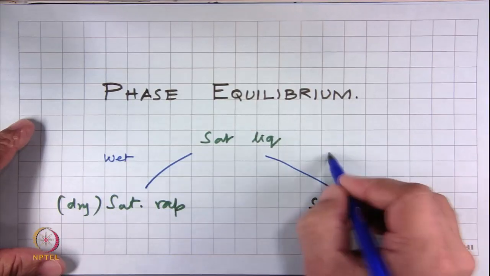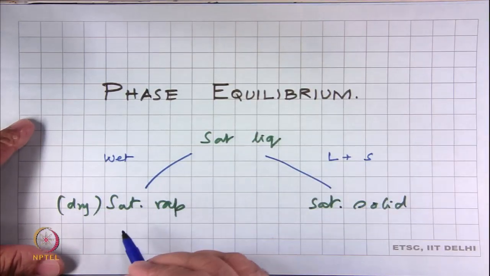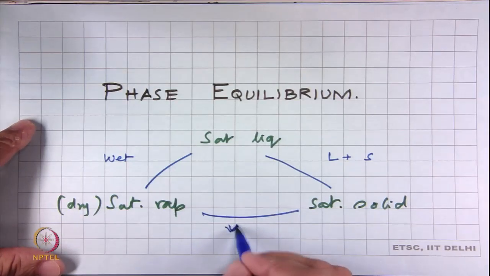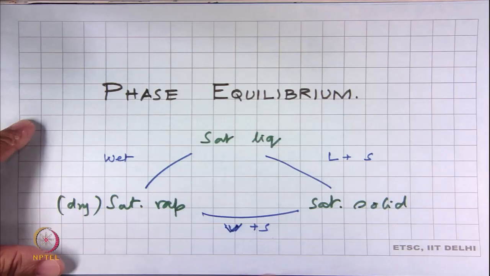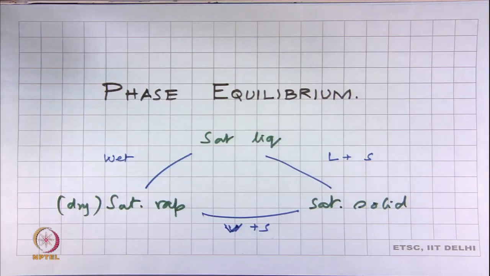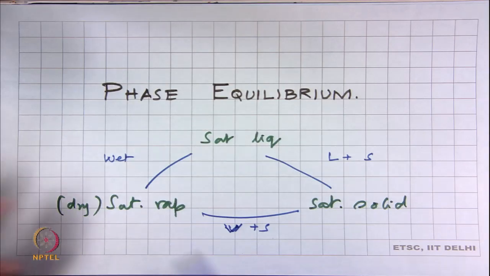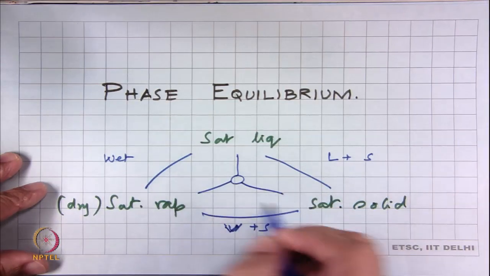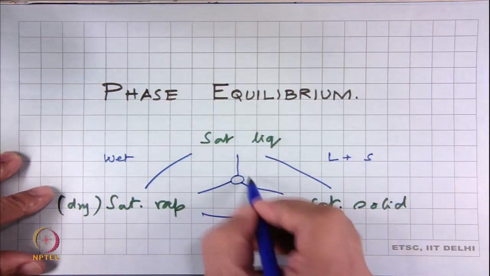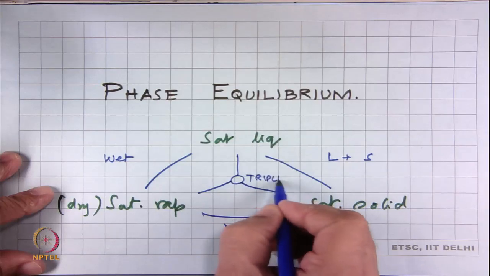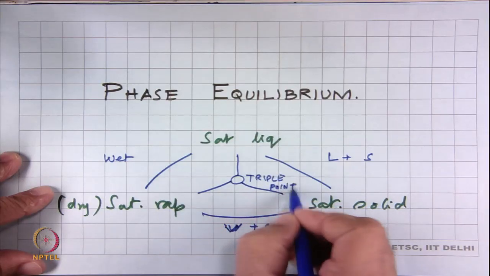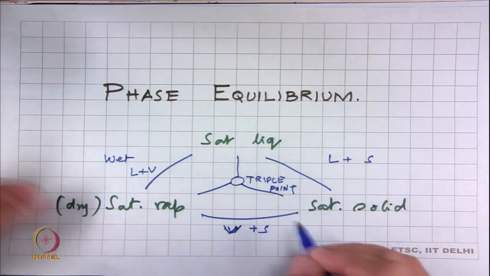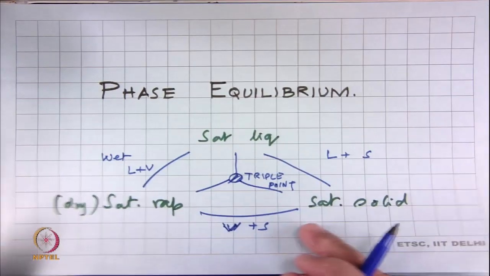This could also exist together, liquid and solid, and the third one is vapor plus solid. The other possibility is when all of them are there together, and that is at the triple point. So, this was liquid plus vapor, liquid plus solid, vapor plus solid, and then a triple point.